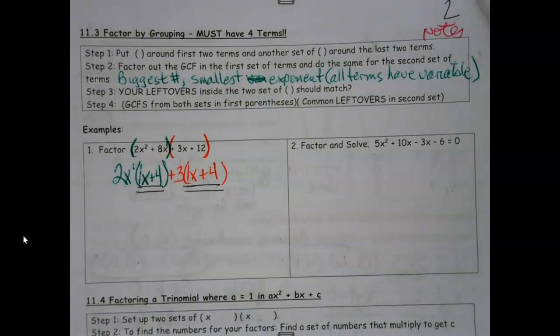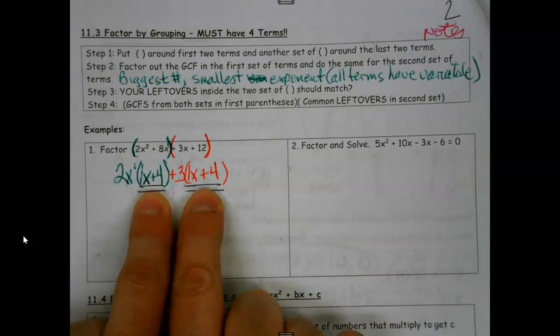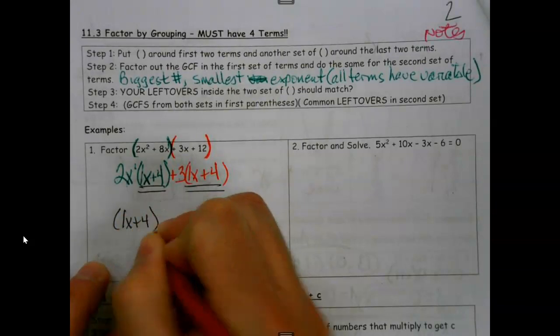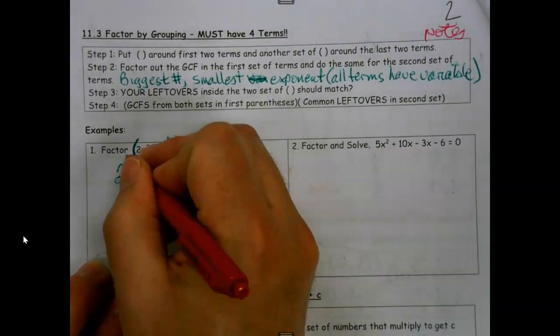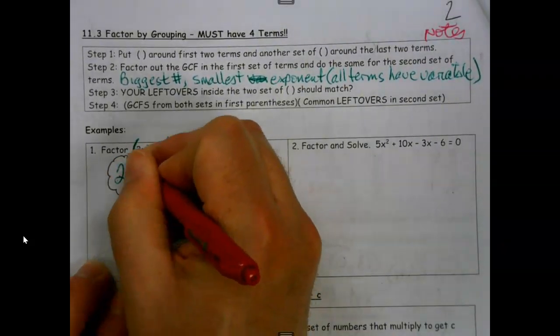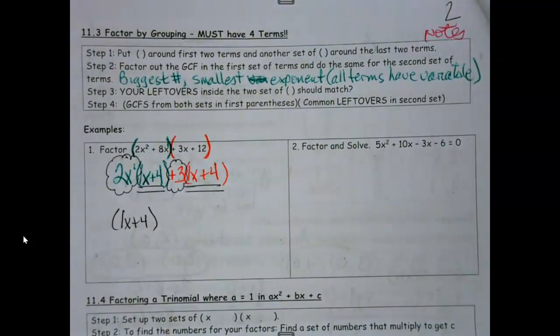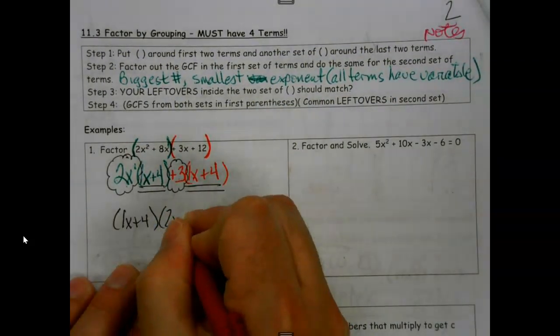Because to write the answer now, you take that common set of parentheses, we write that down. And then the stuff that's outside the parentheses, we're going to pair those together.